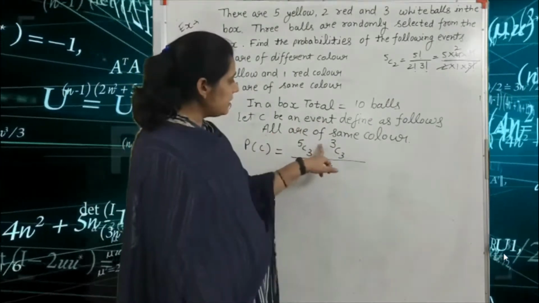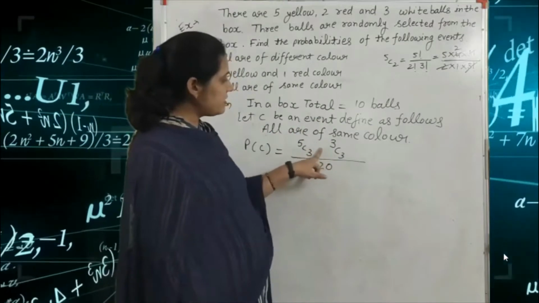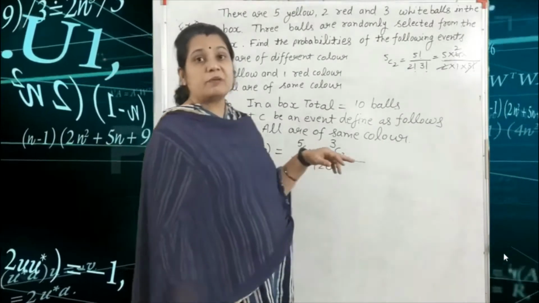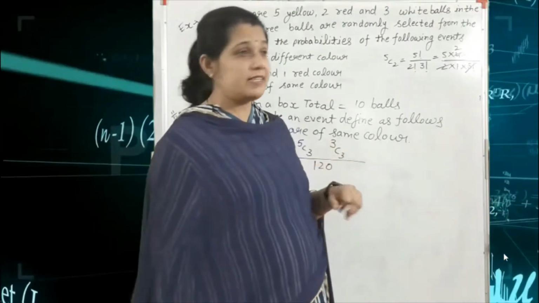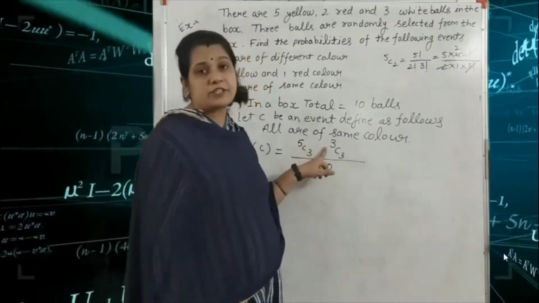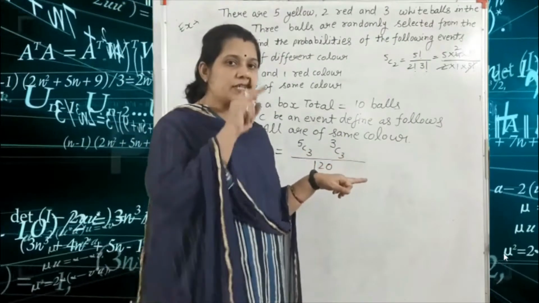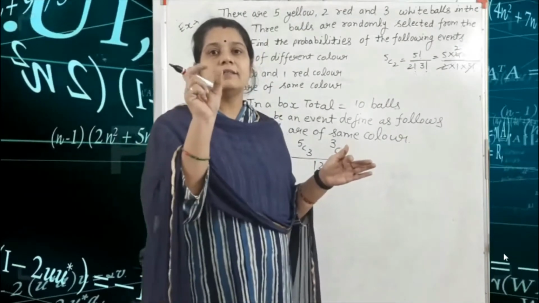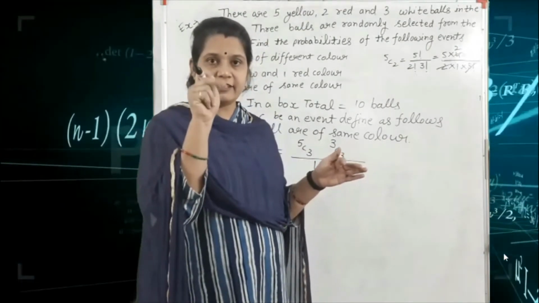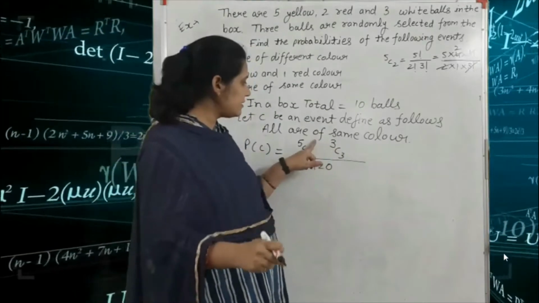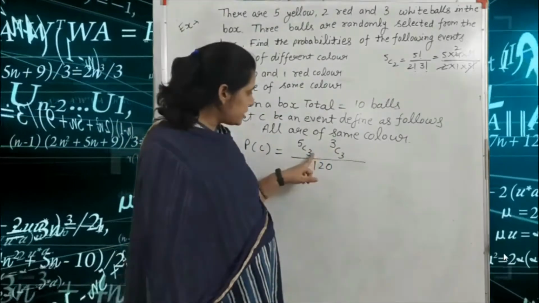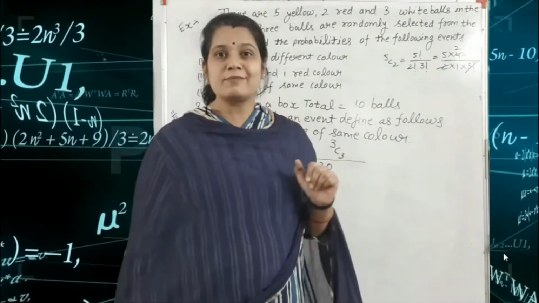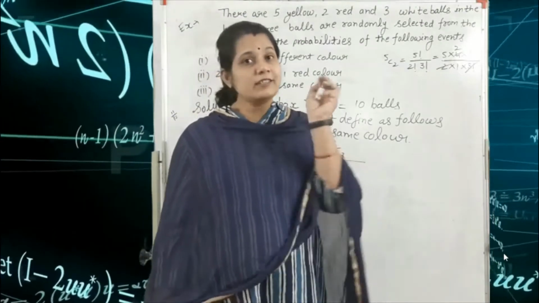Okay. But here, how do we write the sign, plus or multiplication? In case we write the multiplication sign, that means we write the intersection. If we write the multiplication sign, 3 plus 3 is equal to a total of 6 balls, but we are selecting only 3 balls.